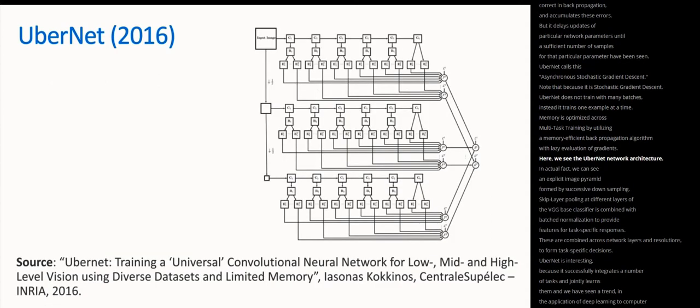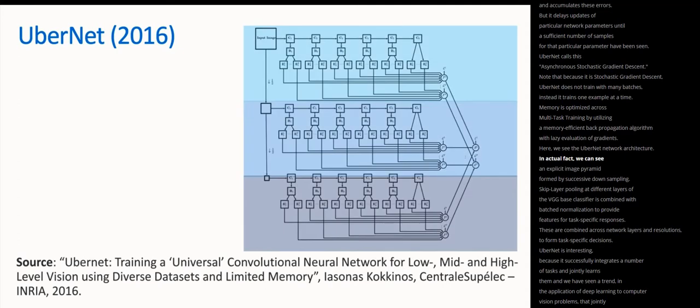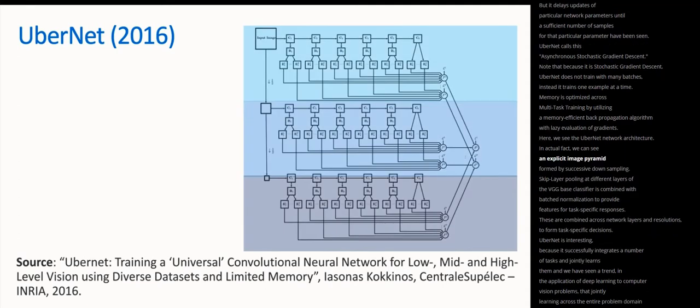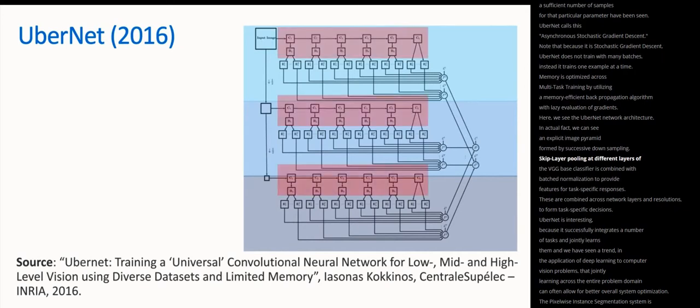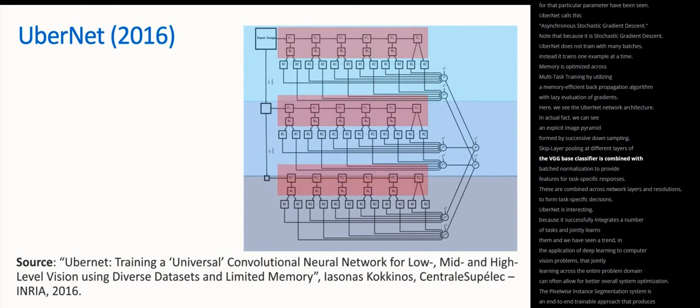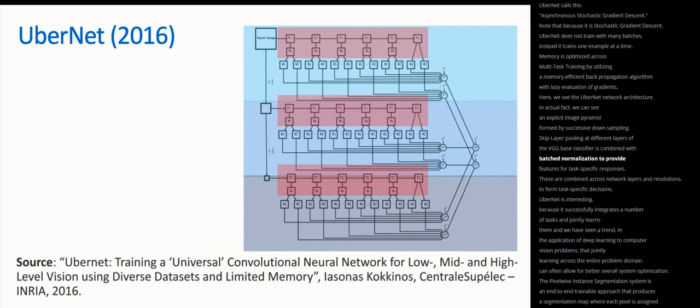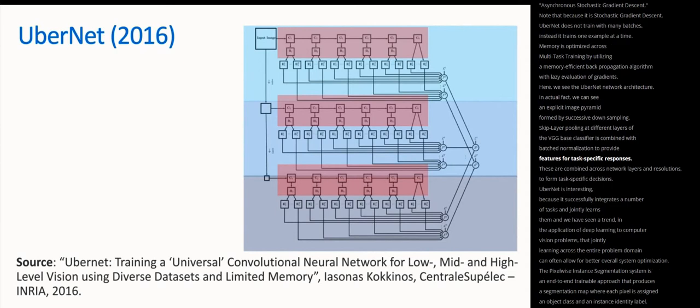Here, we see the UberNet network architecture. In actual fact, we can see an explicit image pyramid formed by successive downsampling. Skip layer pooling at different layers of the VGG base classifier is combined with batch normalization to provide features for task-specific responses.